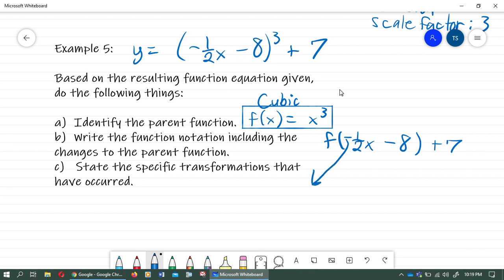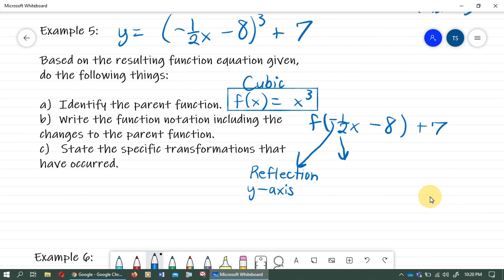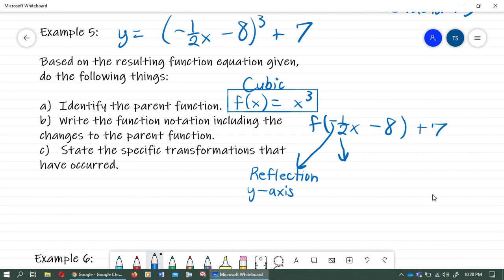The negative on the inside is a horizontal reflection, and specifically that's a reflection over the y-axis. Okay, this multiplying it by 1/2 on the inside is a horizontal dilation, and specifically it's going to be a horizontal stretch, because again those horizontal changes sort of do the opposite of what you would expect.